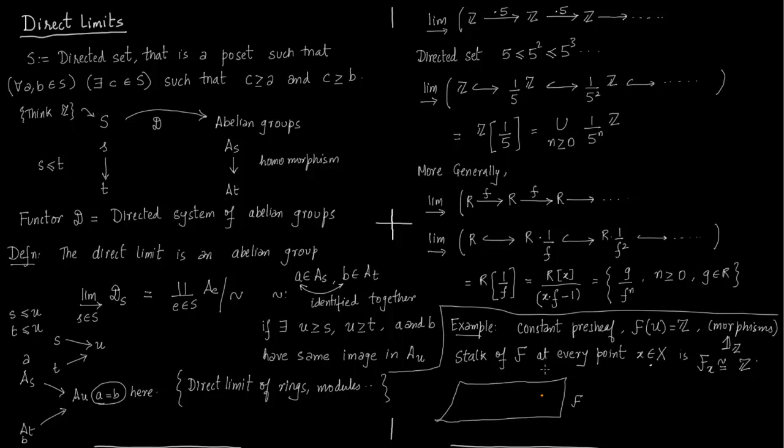And at different points we have the stalk of integers. So at x1 we have integers, x2 we have integers, x3 we have integers. So we have f of x1 here. So this entire topological space is X, and so on.